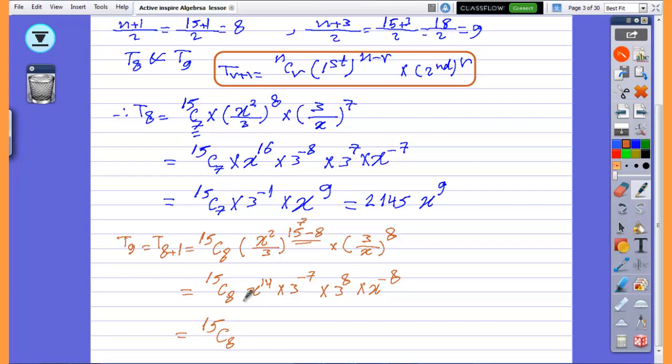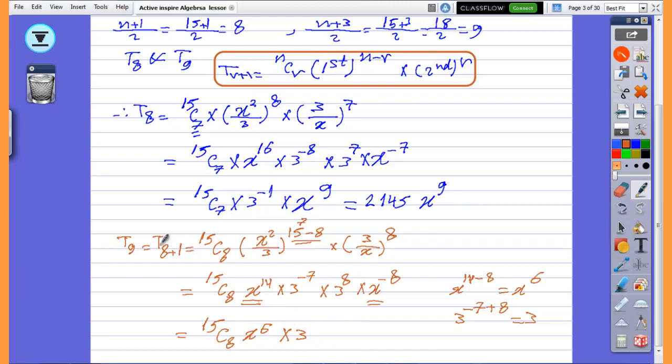Now we have x power 14 multiplied by x power negative 8 equals x power 14 minus 8, which equals x power 6. So we write x power 6 multiplied by 3 power negative 7 multiplied by 3 power 8, which equals 3 power negative 7 plus 8, which equals 3. So the product here equals 3.